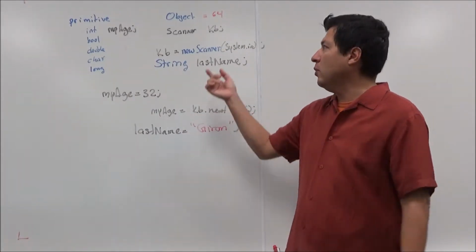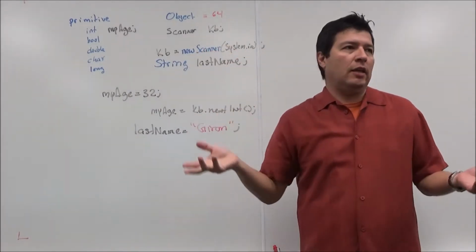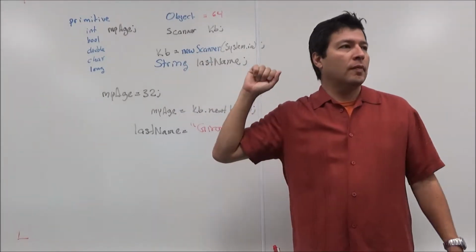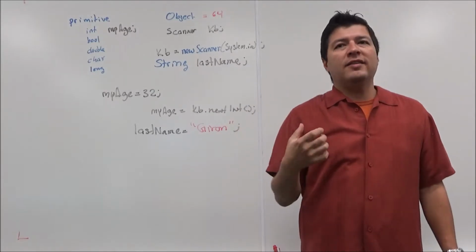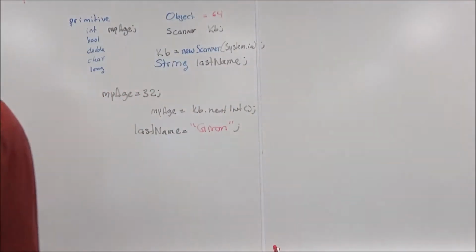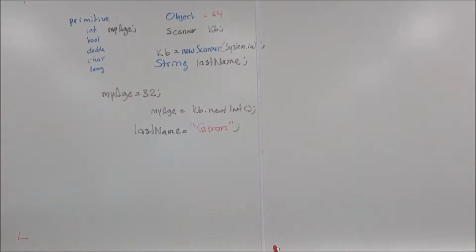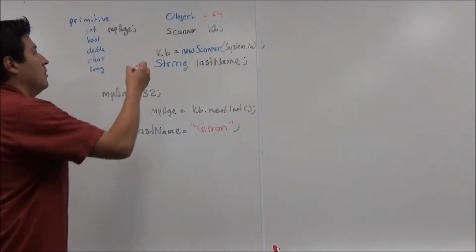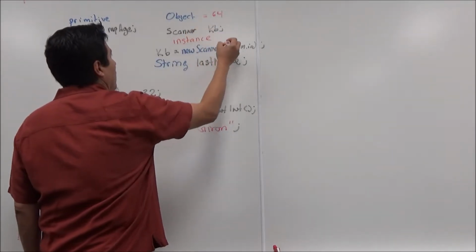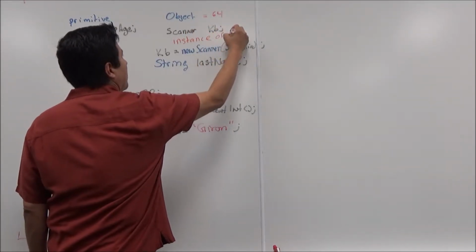That means you don't have to instantiate, as we call it. Every time you see the keyword new, we use the word instantiate, which means creating memory. We create an instance of Scanner in here.